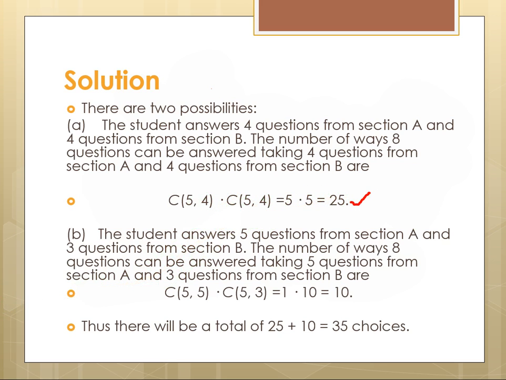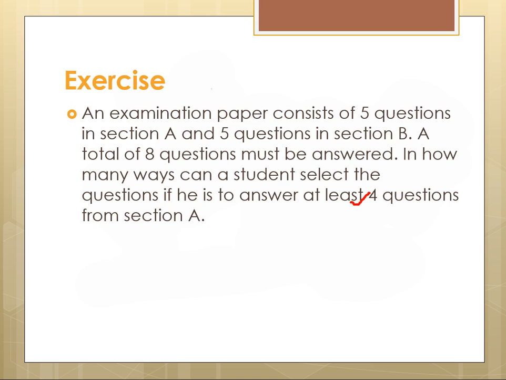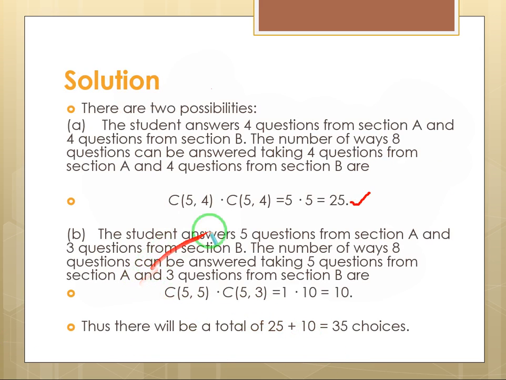Okay, let's come to section B. In section B, the student answers 5 questions from section A. How many questions will be answered from section A? 5. And how many questions solved from section B? 3. So now make a combination. From section A we have a total of 5 questions, and all 5 are going to be solved. So we have a total of 5 questions; how many will be solved in section B? 3.